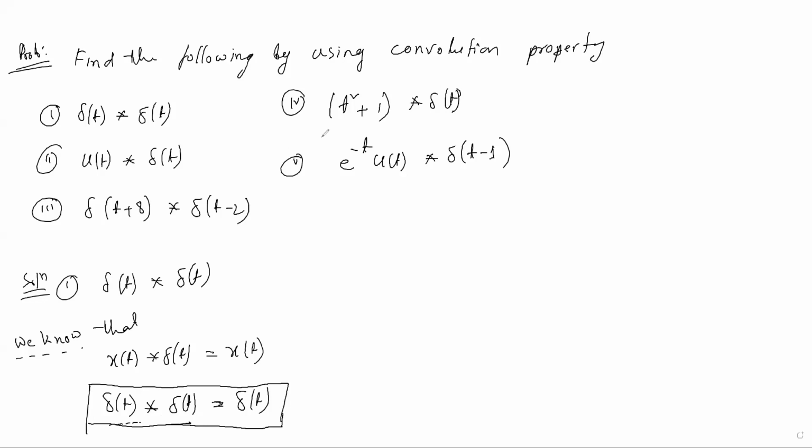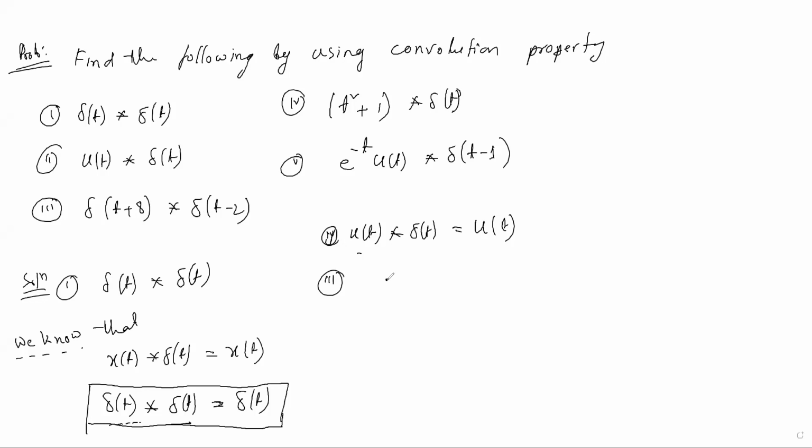Similarly, these are very easy. Apply the properties of the convolution. x of t convolution delta t is nothing but x of t only. So what would be the third one?